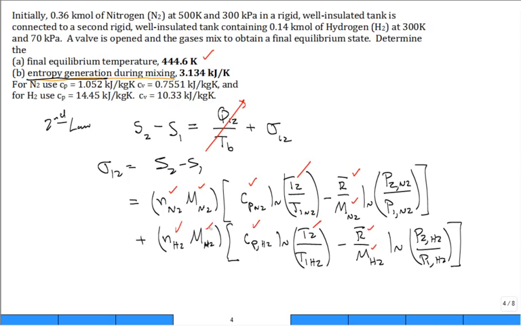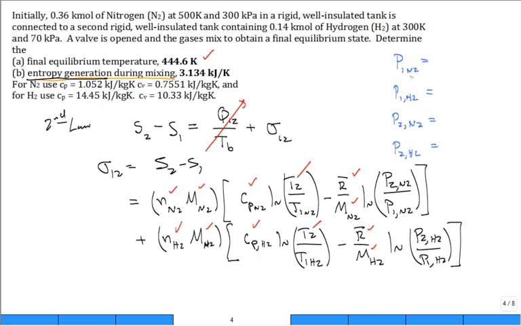Who wants to help me? I need to calculate 4 pressures. I need to get P1 of the nitrogen, P1 of the hydrogen, P2 of the nitrogen, and P2 of the hydrogen. And all 4 are different pressures, aren't they?